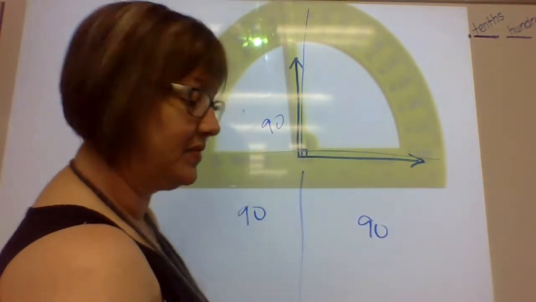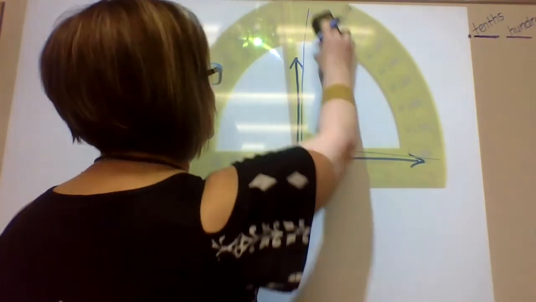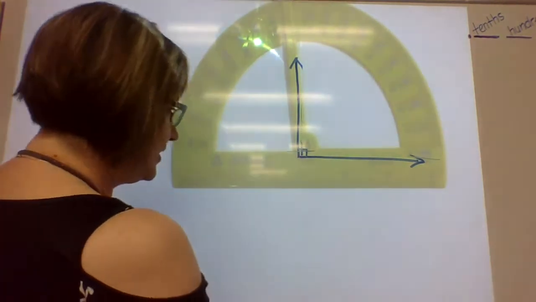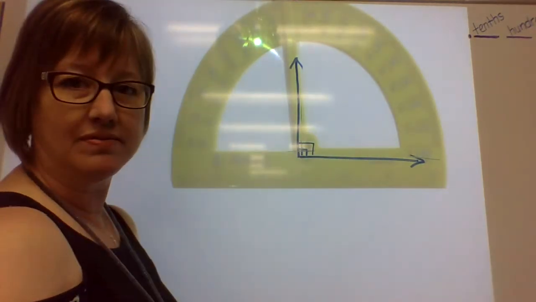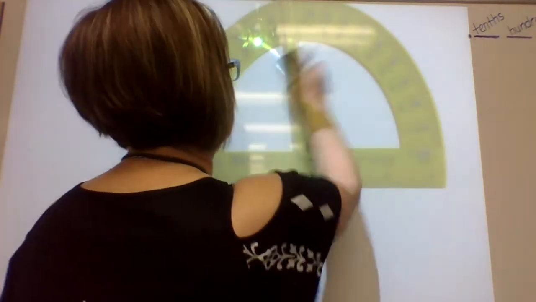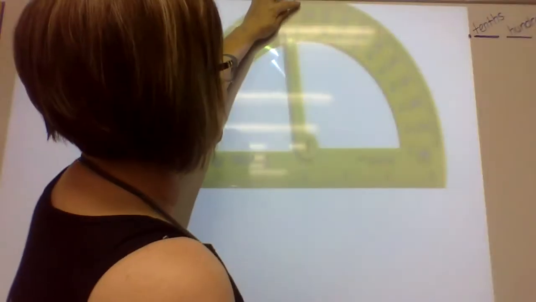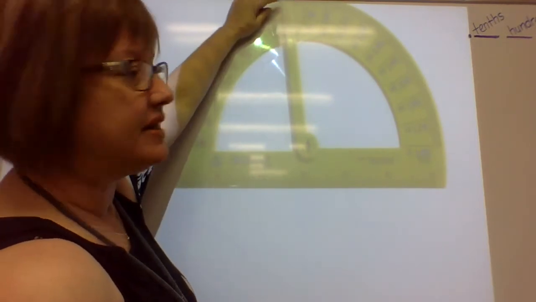You see? Okay, so that's what this is. A right angle is a fourth of a circle, and it means it's straight up and down so that it makes a corner. And like I said, if I had drawn one perfectly, you can't see that too terribly well, but there's a 90 right there.